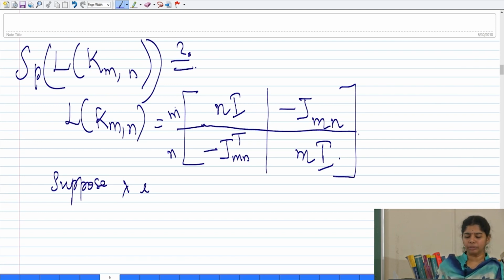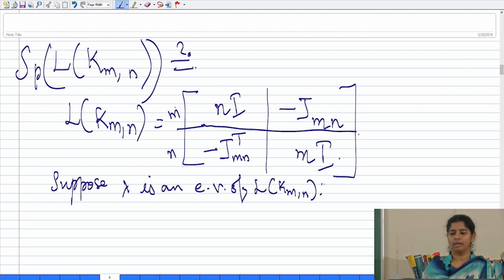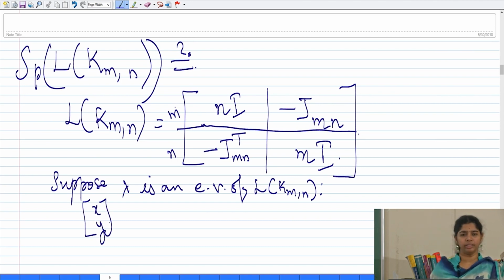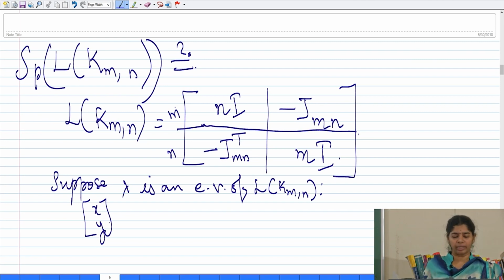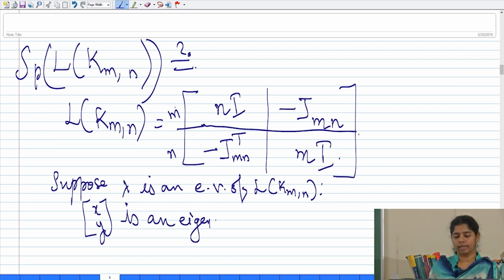Suppose lambda is an eigenvalue of this matrix L of K m,n, and let x, y be the block vectors, where x is of order m and y is of order n. So x, y is an eigenvector corresponding to this lambda.